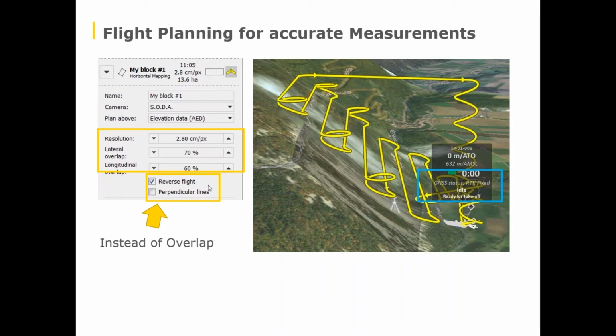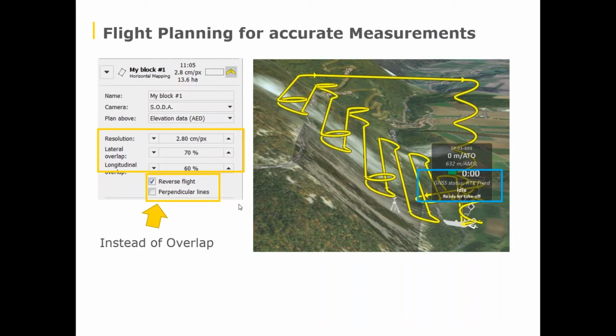That way, the drone is flying the flight lines the opposite way, and therefore you get your pictures at slightly different angles, which is already enough to generate a super good data set with a lot of image material and information that the processing software can use to generate the 3D point cloud. You can see here we're also using RTK through the base station.